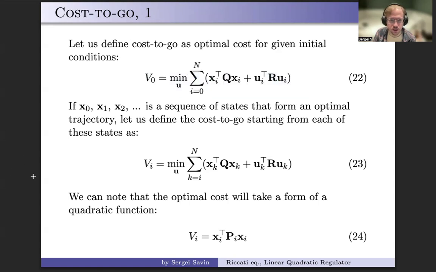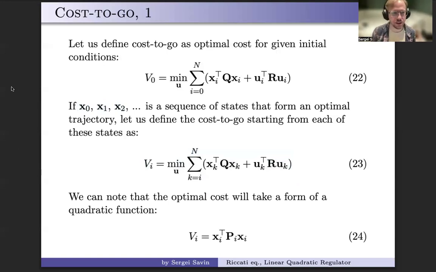Right. Now what we can do next is, given an optimal trajectory that starts from x0 and follows some optimal control policy, we find a sequence of states, right? First state, next state, next state, like steps on the trajectory. For each of those, we can find optimal cost as well. So conceptually it is like this, right?